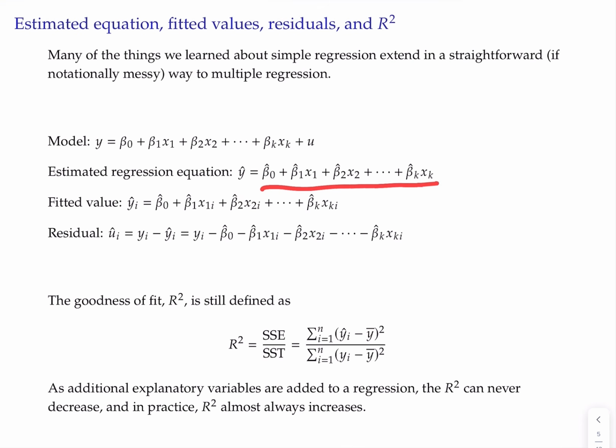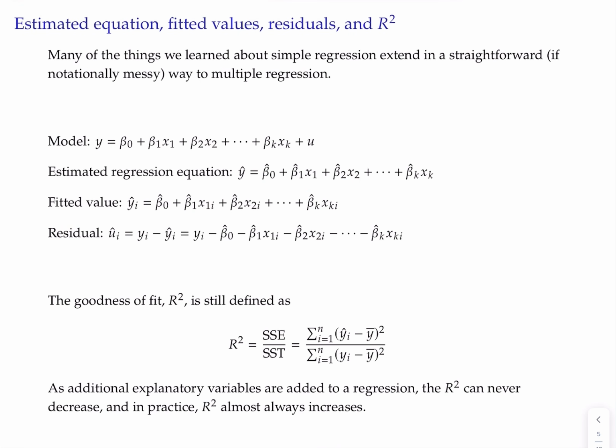Of course, the unobservables are not in the estimated regression, and so that gives us a predicted value of y based on our estimates of all the betas and the values of the explanatory variables. A fitted value is the same thing, but plugging in specific x values.